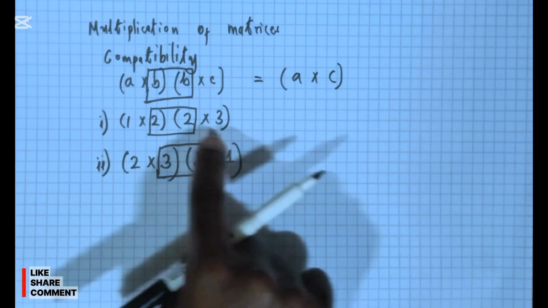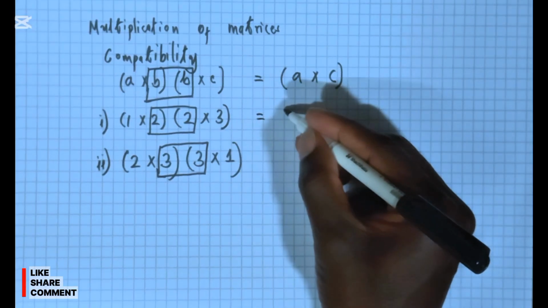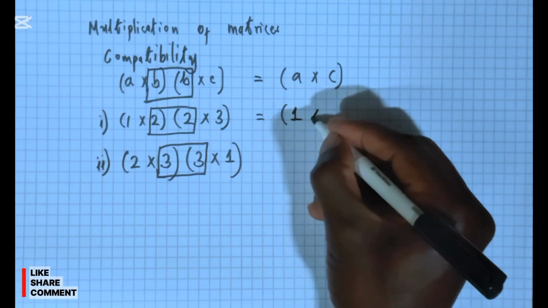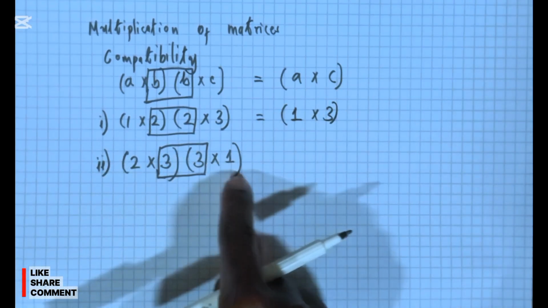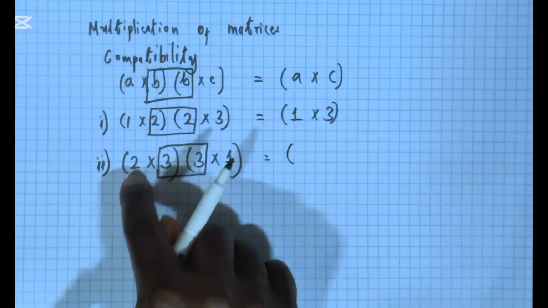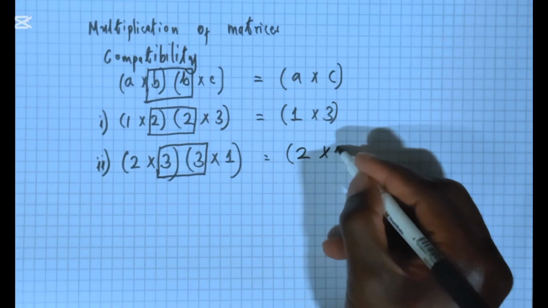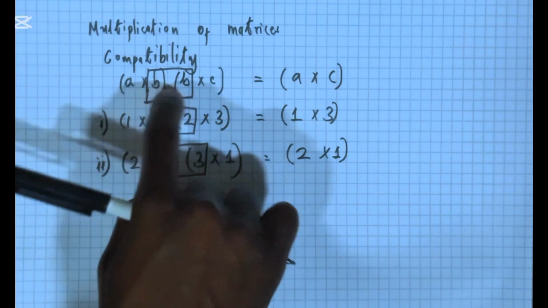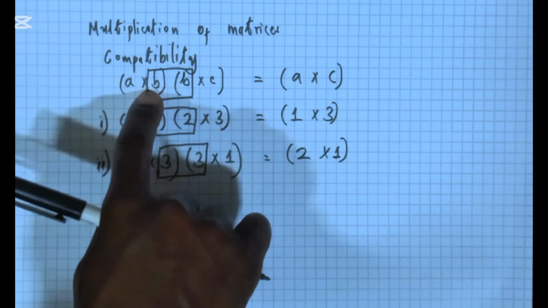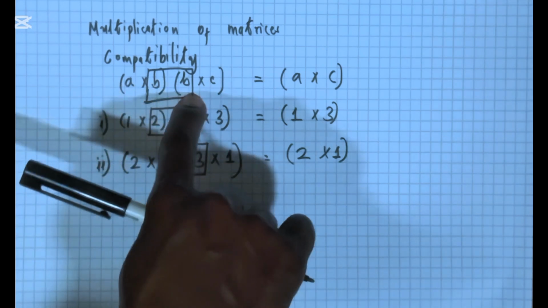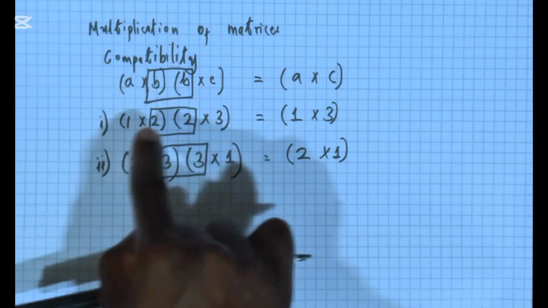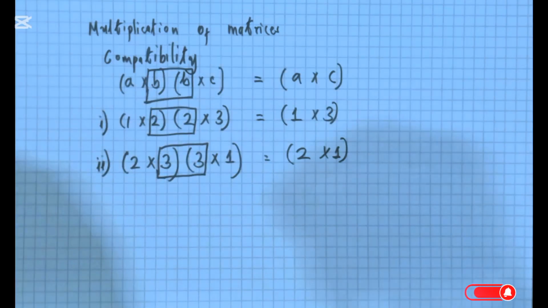So in this particular case, the resultant matrix will be of order 1 by 3, and in the other case, it will be a matrix of order 2 by 1. So that is it when you're checking for the issue of compatibility. The most important thing is you always want to check the number of columns and the number of rows for the matrices before you actually go ahead and start multiplying.